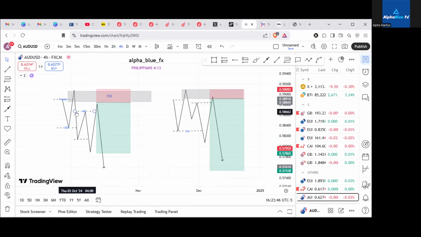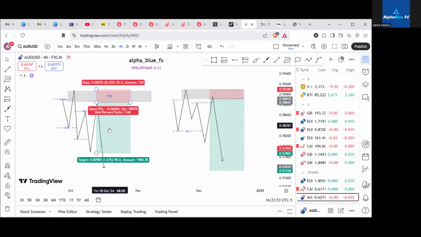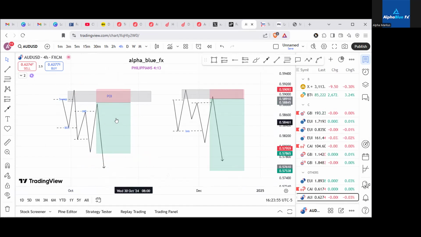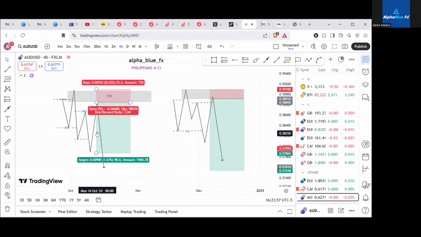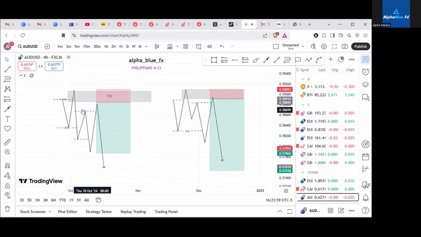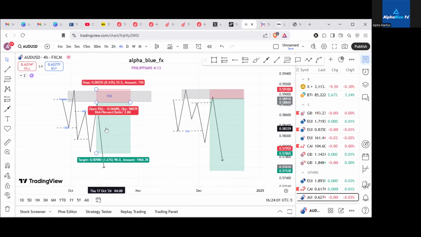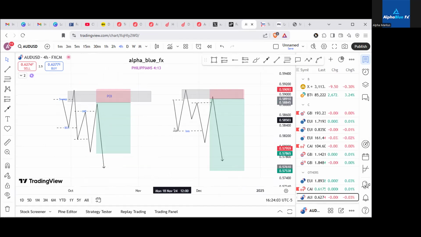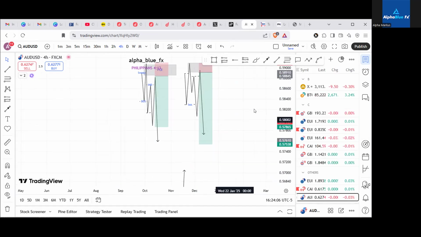So if you don't see energy, if you don't see money lying around on the chart, which is liquidity, for price to come and grab so that it has enough energy to move, you don't enter the trade, because if you enter without liquidity, you're going to hit stop loss. Price will come and clear that setup that you think is a setup, right?